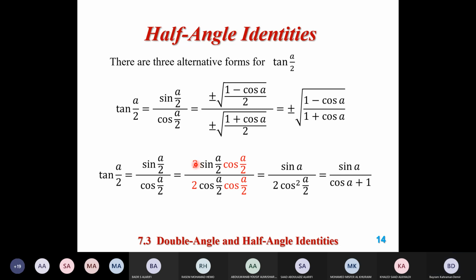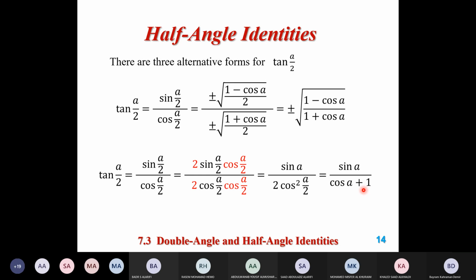Remember? 2 sine x cosine x equals sine 2x. So x is A over 2, so 2x is A. You understand? And the denominator is 2 times cosine square A over 2, which is equal to cosine A plus 1, of course.